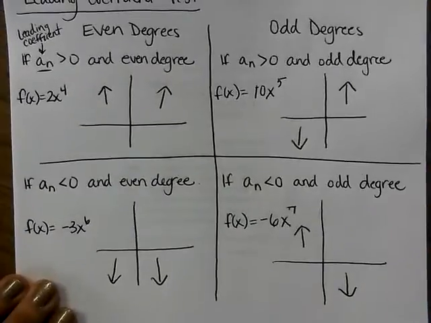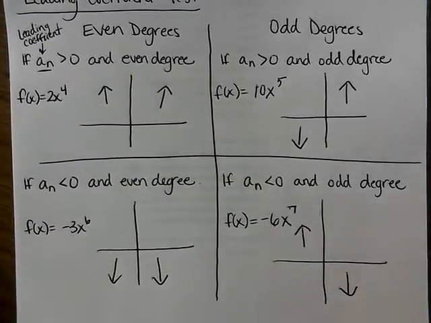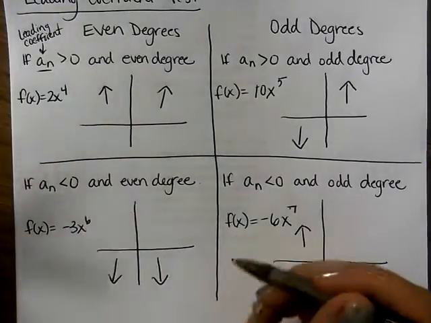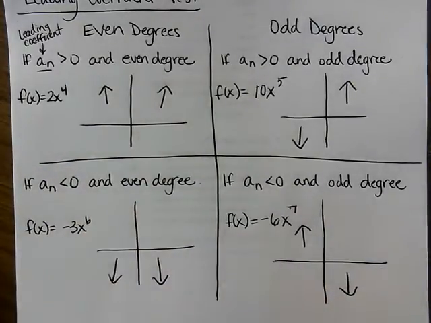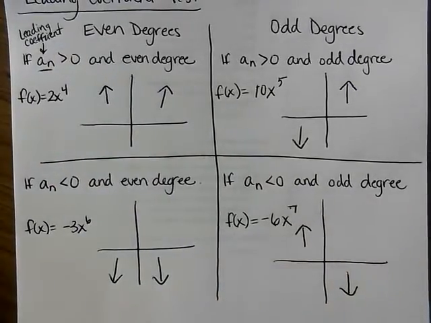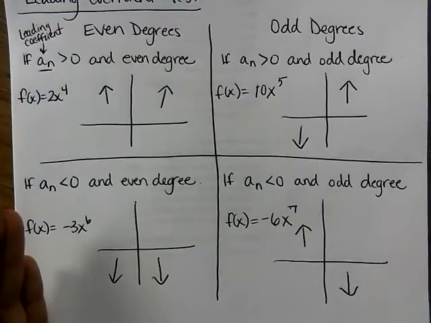So it seems like this is like a lot to remember, but I think you know what x squared looks like and x cubed looks like, right? And you know that if x squared is positive, then it points upward, and if x squared is negative, then it points downward, right? So if you know that, then you know the even test, right? Because it's true for all patterns of even degrees.